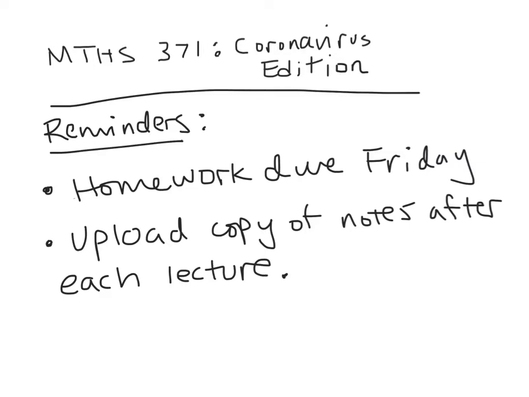All right, so today we're going to learn about Cramer's rule. This is section 3.3. I apologize in advance for my handwriting. The stylus is not the easiest thing to write with.